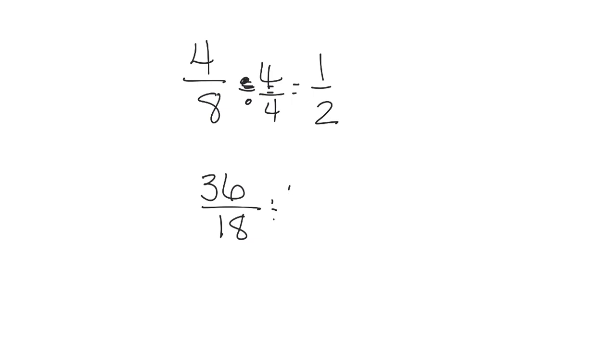So let's divide both by 6, and that gives me 6/3. But wait, I know 6/3 is not in reduced form, so I'm going to divide both of them by 3, and my simplest form is going to be 2/1.